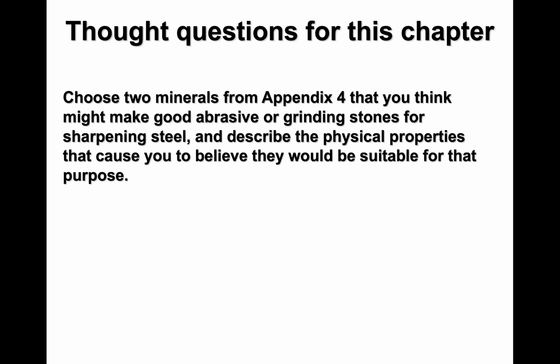Here we have some other short questions. Choose 2 minerals from Appendix 4 that you think might make good abrasive and grinding stones for sharpening steel, and describe the physical properties that cause you to believe they would be suitable for that purpose.